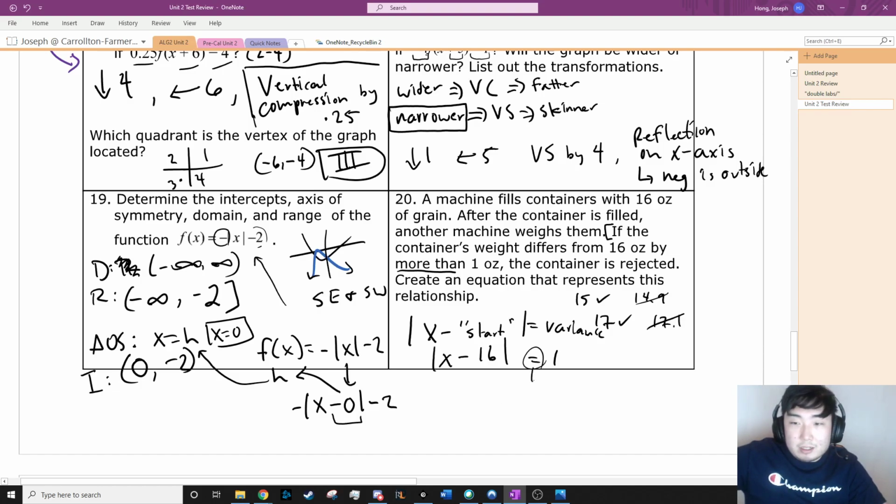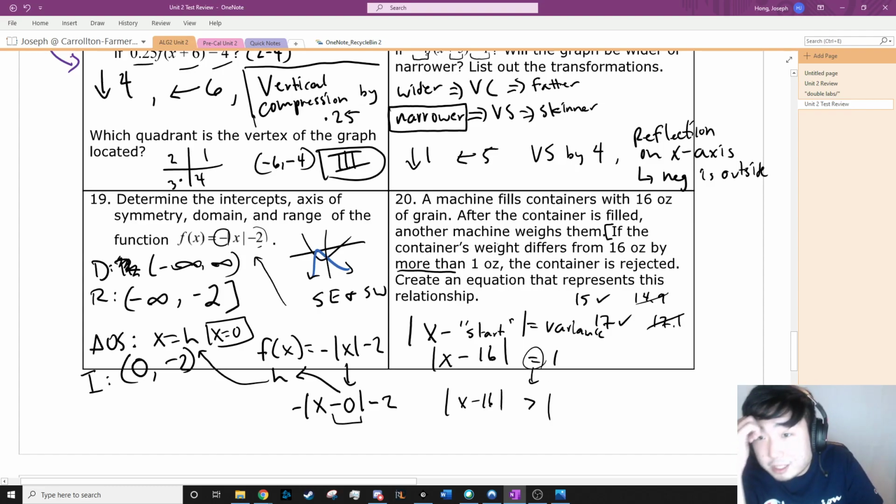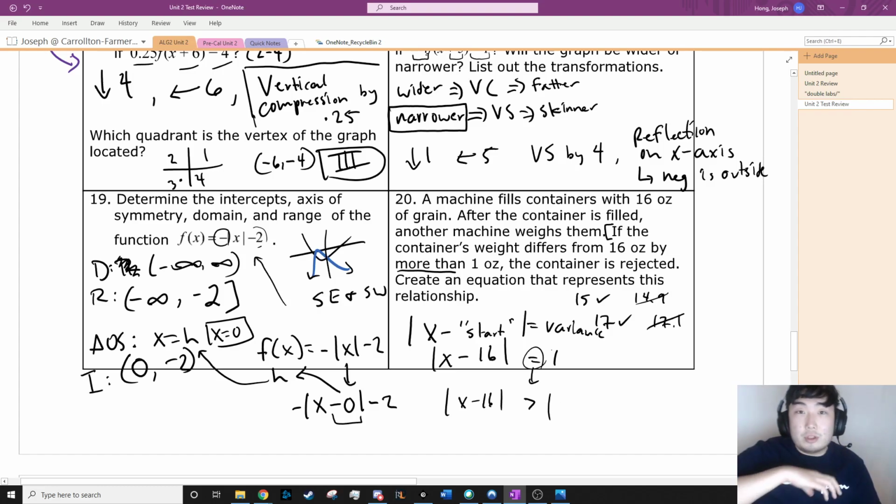This equal sign has to turn into a greater than, because for this question, the absolute value of the difference has to exceed 1 ounce for the container to be thrown away. So that's why this is our solution.